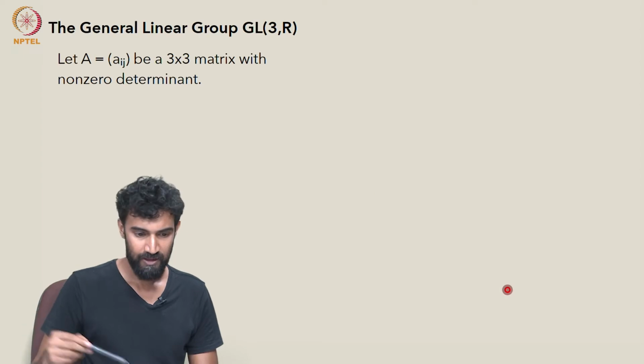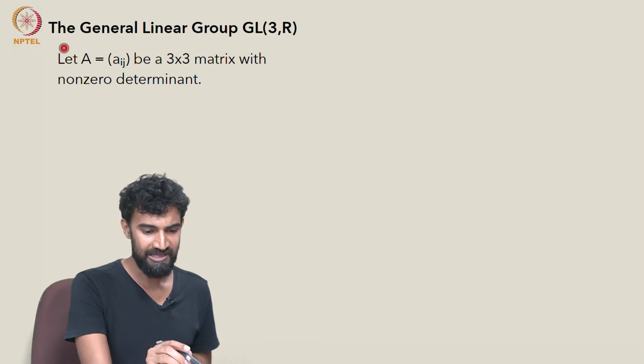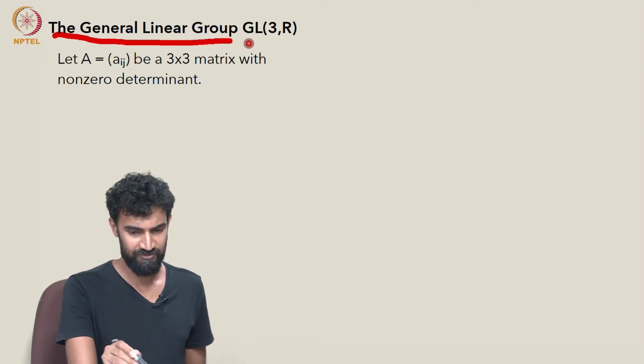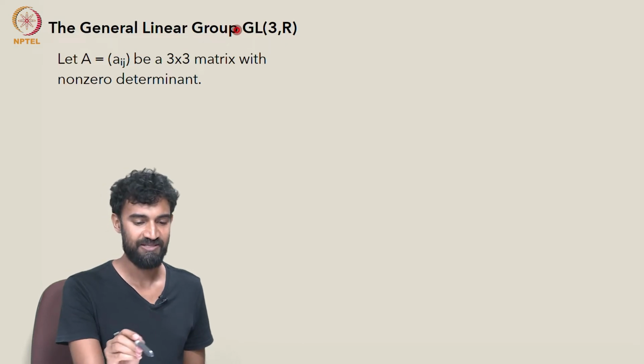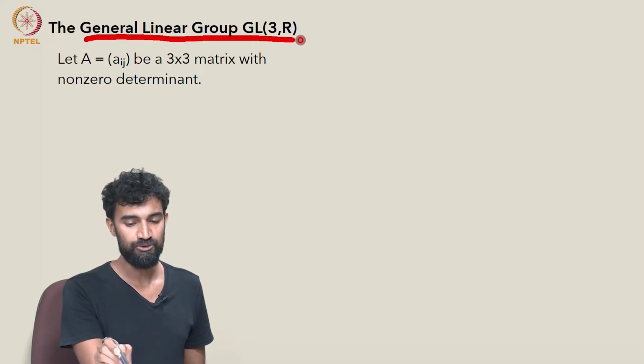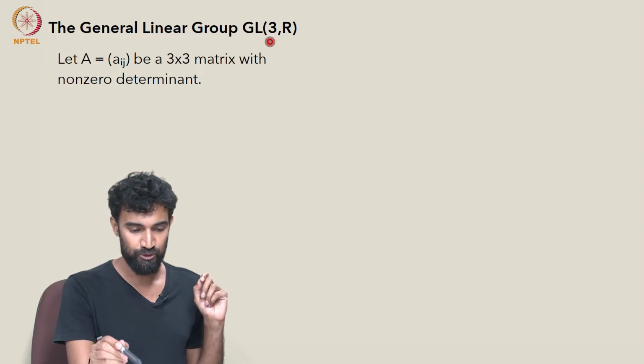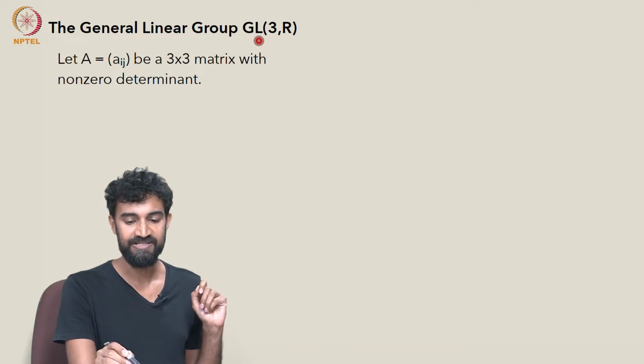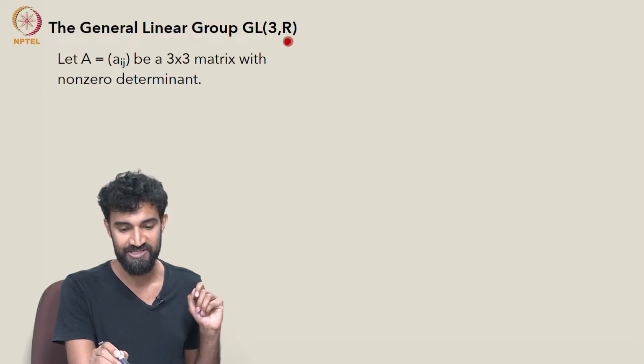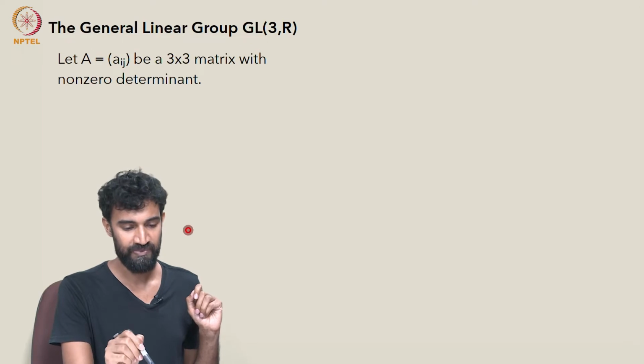Luckily, if you've taken some linear algebra, we already have a candidate, which is the general linear group, GL3R. The general linear group is just the set of 3 by 3 matrices with real entries that are invertible.